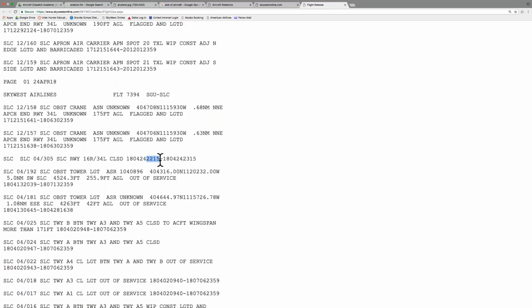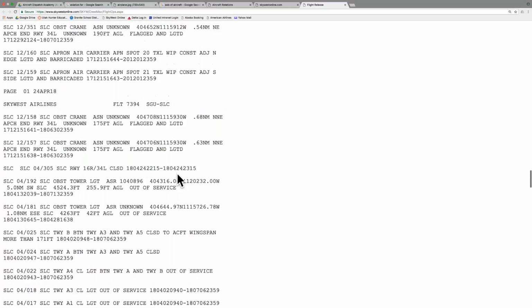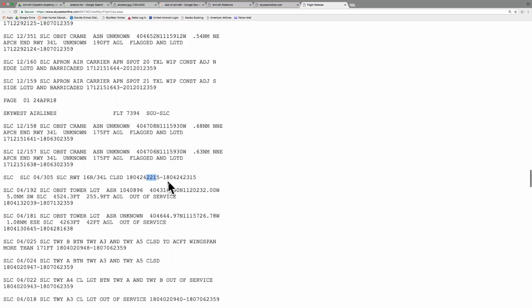See how confusing that gets? But when you're at work, you kind of lose track of local time, and you just use that universal time. So it's just telling us for that 1 hour from 22:15 Zulu to 23:15 Zulu, the runway's closed, so we can't plan to use that runway.